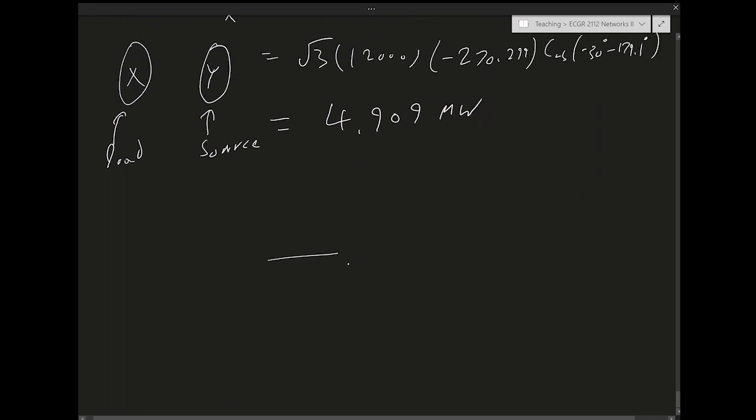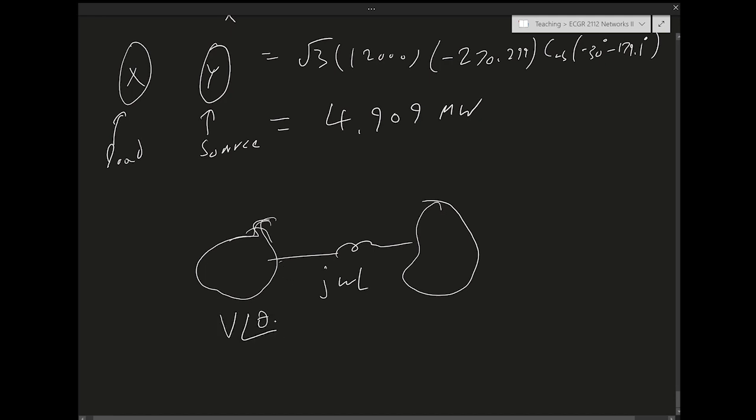It turns out that between two systems, if we have an inductance between them, X, right, jX, or j omega L, it turns out that if I have a voltage here on a certain angle, V1 theta 1, and a voltage here V2 theta 2, the power flow is going to be proportional to theta 2 minus theta 1.